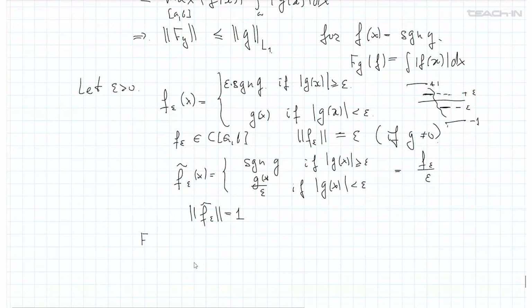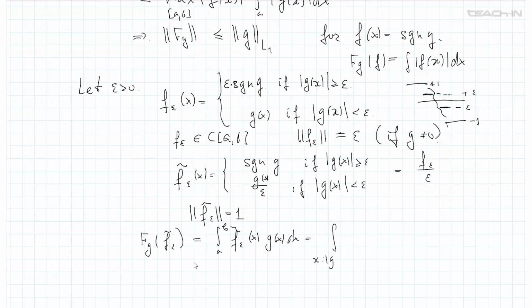Then let's calculate. The integral over a b of f epsilon tilde of x times g of x dx equals the integral over the set of such x that the modulus of g of x is not less than epsilon, and here we have the modulus of g of x, yes?